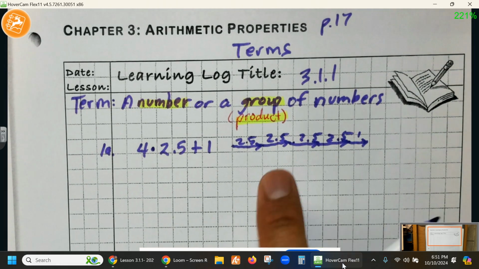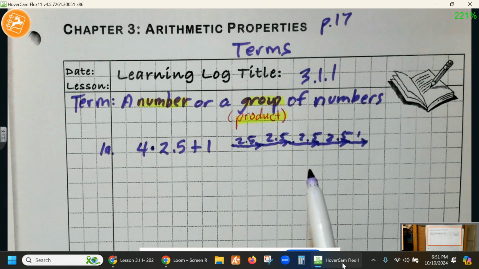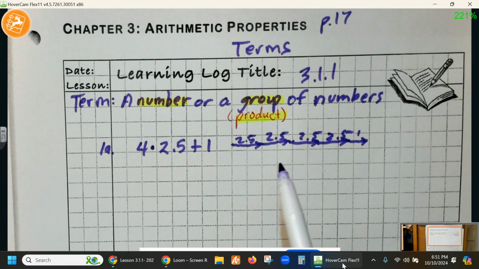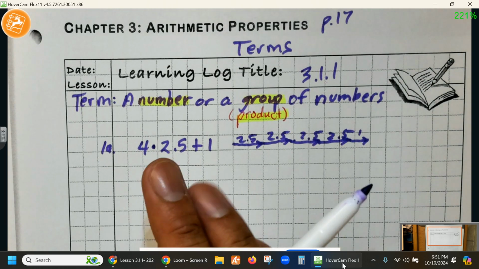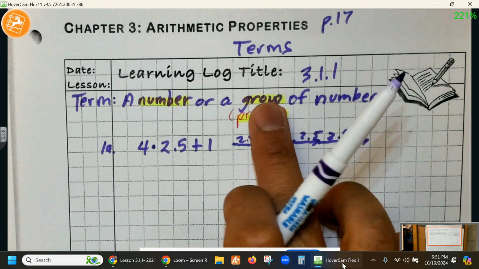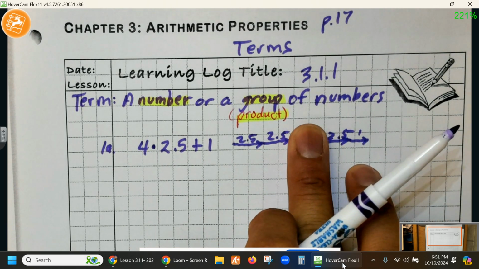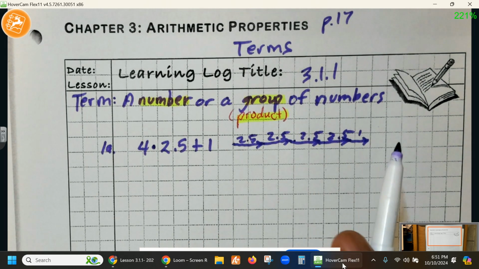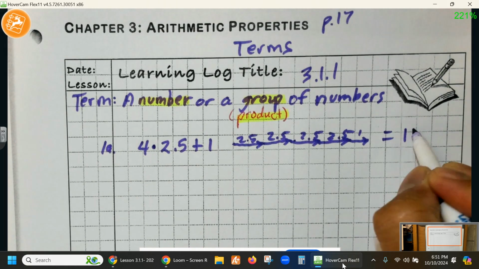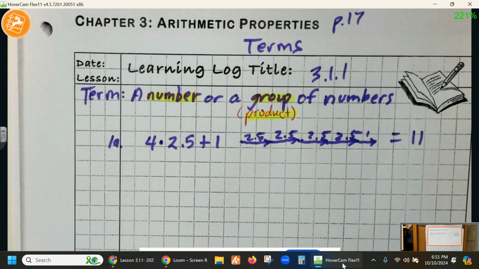Looking at all these steps and trying to figure out what this equals, we're not necessarily thinking with the order of operations, where do we add or multiply first? We know we multiply first. But when we're doing these groups of steps, you had 2.5, 2.5 right there, that's 5. And then this is another 5. We can see the visual. So 5 and 5 and 1, that's equal to 11. So that's one approach to operations like this.